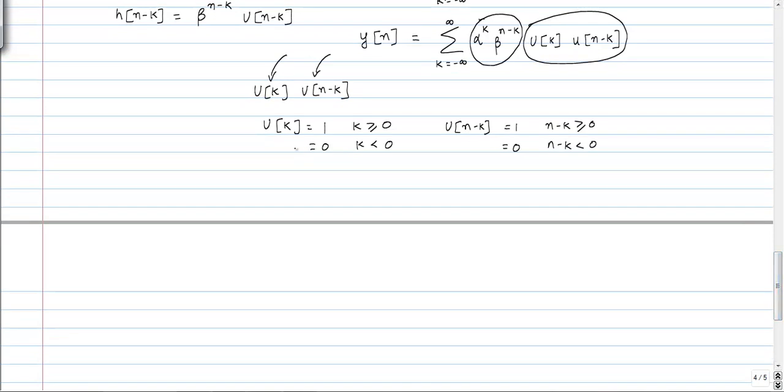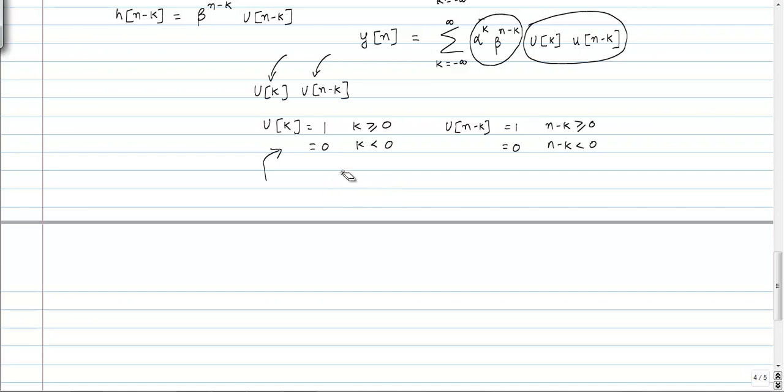Well, what we need to satisfy is the following. k needs to be greater than or equal to 0, which I get from the fact that I need u of k to be 1. But we also need n minus k to be greater than or equal to 0, which means we want n to be bigger than or equal to k.